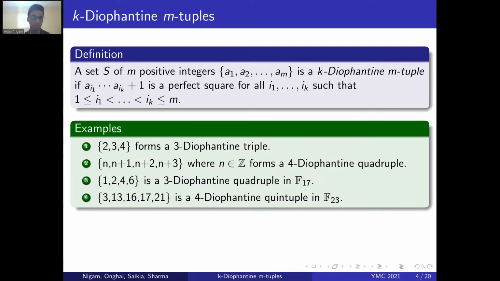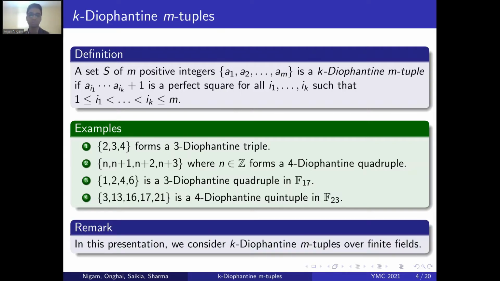Now here are a few examples. 2, 3, 4 forms a 3-Diophantine triple. n+1, n+2, n+3 form a 4-Diophantine quadruple. 1, 2, 4, 6 form a 3-Diophantine quadruple in F_17. 3, 13, 16, 17, and 21 form a 4-Diophantine quintuple in F_23.